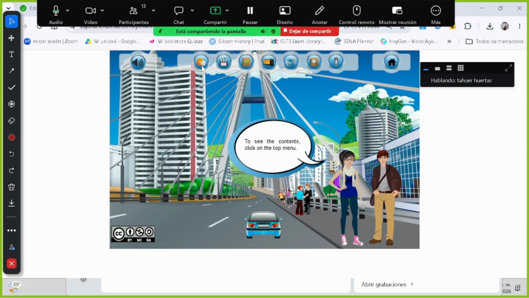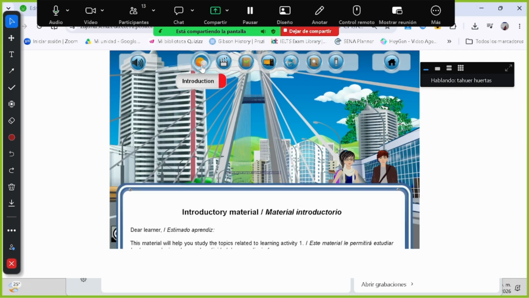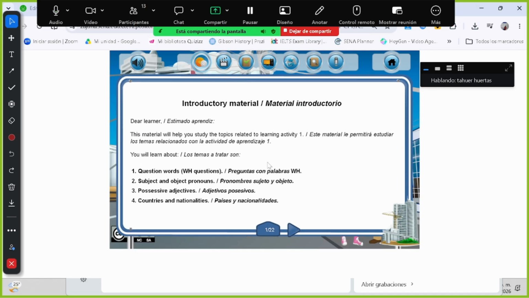Here in the first part, we have the introduction. Dear learner, this material will help you. Here you can silence or you can mute the sound. And this is the first page.